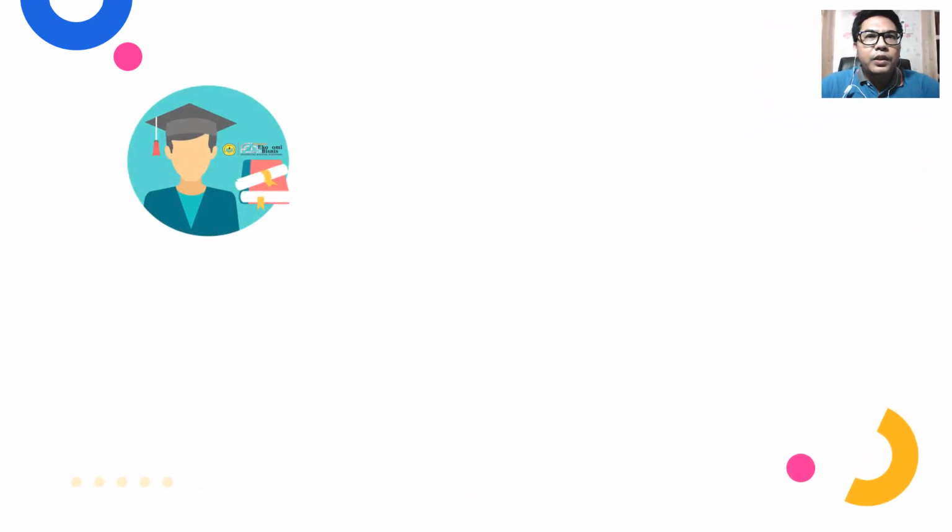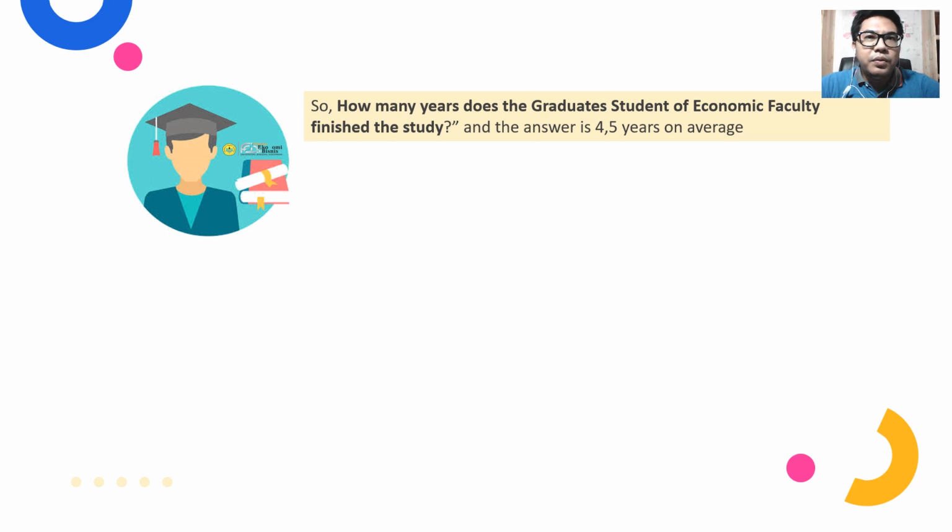The most widely used value to represent the population is the mean or average value. If we sum the years of study of every student and divide by the number of students, we get the average length of study of the students. This mean value represents our population characteristics.